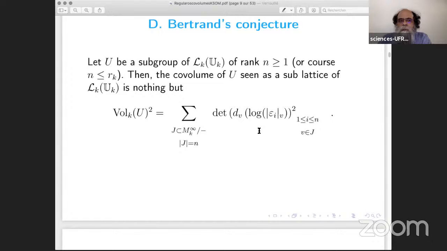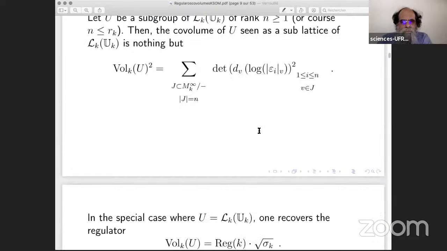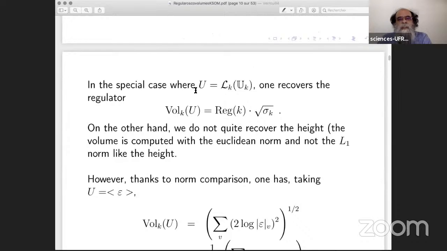And you defined it, so this is the co-volume of the thing. It's also the Lebesgue measure of the fundamental domain of such a lattice, sublattice. So in the special case where U is the full unit group, you recover the regulator.